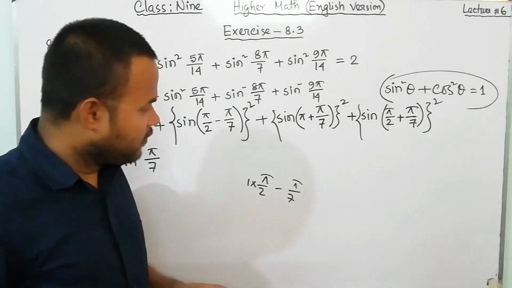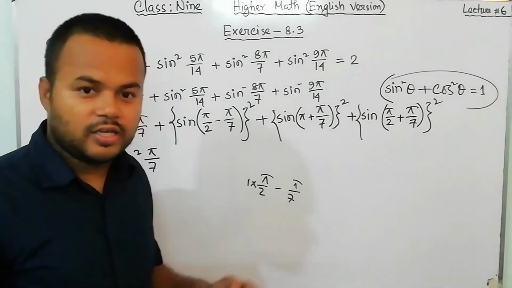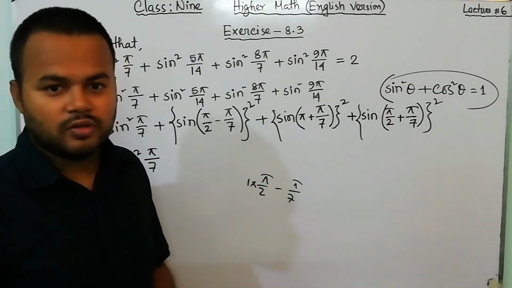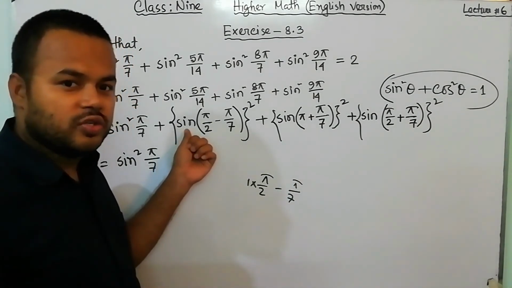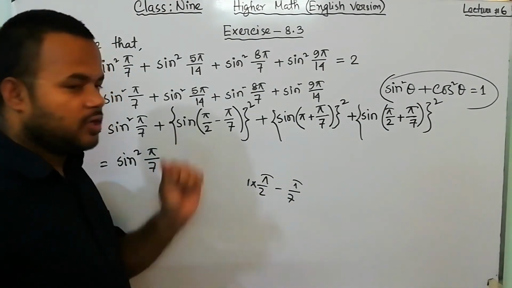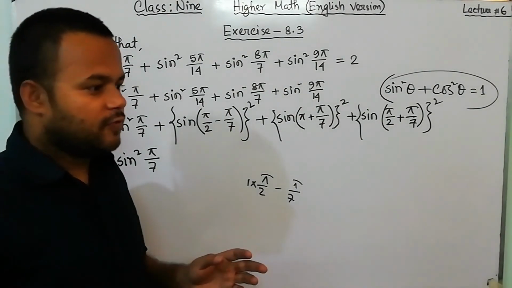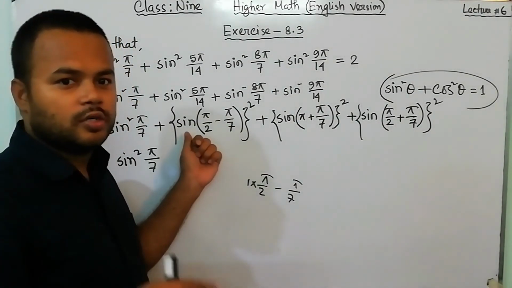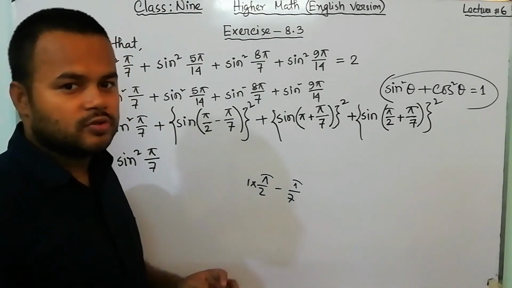We have learned that in our previous lecture. If the value of n is odd, then the trigonometric ratio will change. Okay, then sine will change into cos, and if there is cos, then this cos will change into sine. If there is tan, then tan will change to cot. If there is cot, then cot will change to tan.